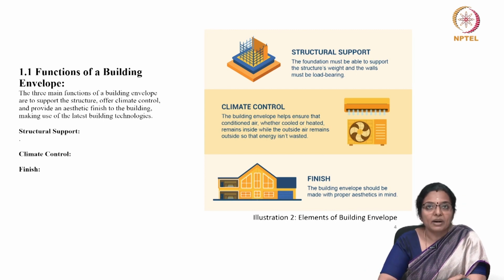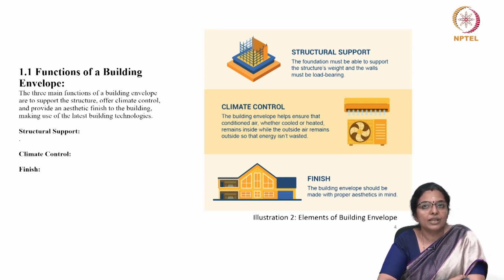Now, there are three primary functions of a building envelope. The first is structural support. Since the building's envelope includes the wall of the structure, it should be able to provide support, keeping the building structurally sound. The building must have a sound foundation to support the structure's weight, and the walls must also be strong enough.